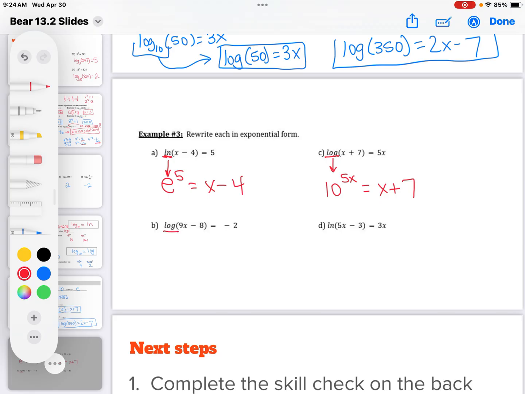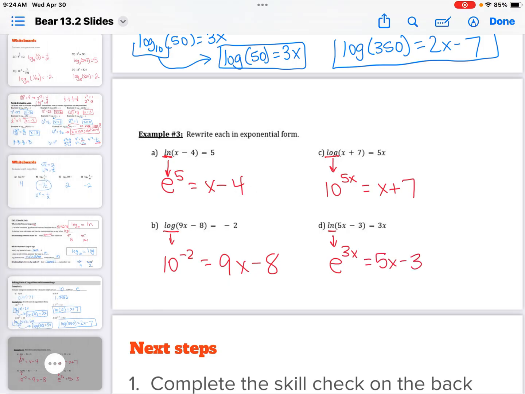Next one is also a log without a base, so it's base 10. 10 to the negative 2 equals 9x minus 8. And then finally, the last one, natural log, means base e, so e to the 3x equals 5x minus 3.